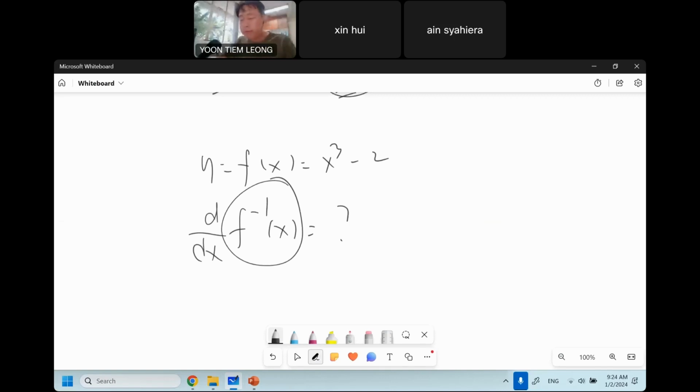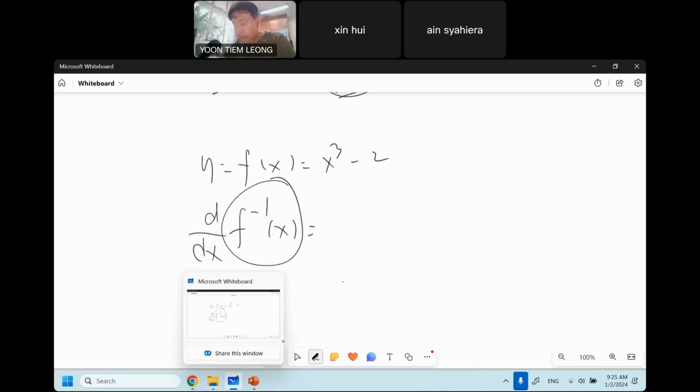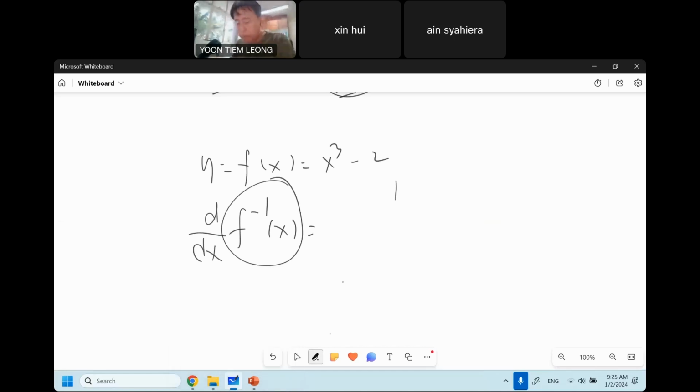So obtaining the inverse of the function requires some calculation, but here it is to be shown that you can calculate the derivative of the inverse function without knowing the exact expression for the function. You can calculate this by using the formula of f prime of x, where x is to be replaced by the inverse of the expression.